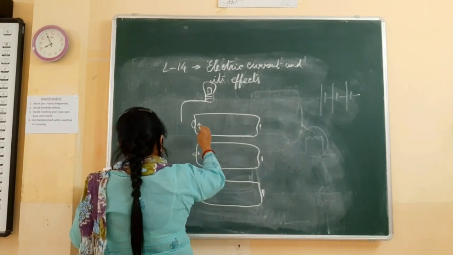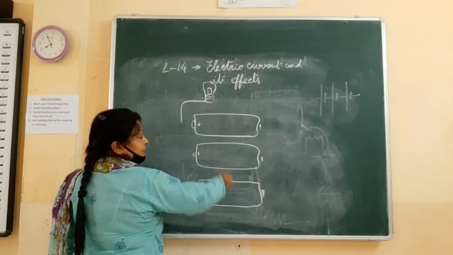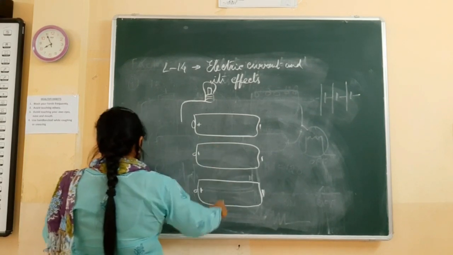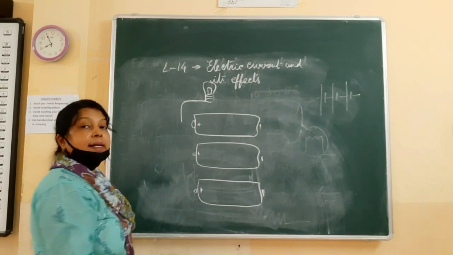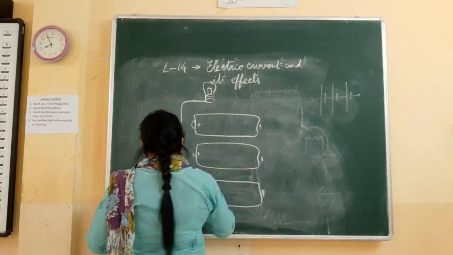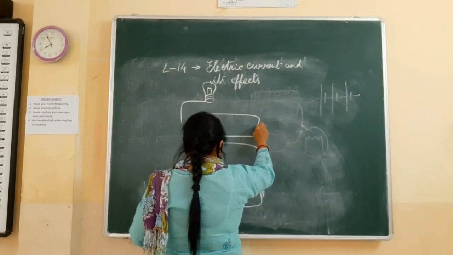When we connect the cells in parallel, the negative terminals of all the cells are connected together.